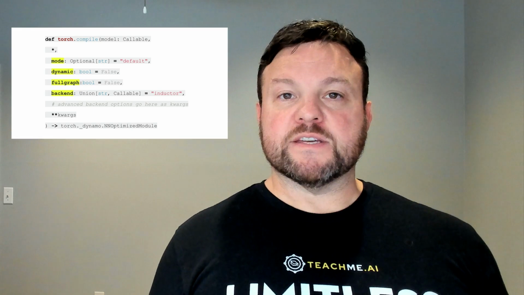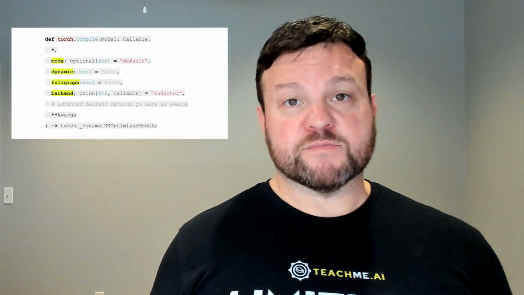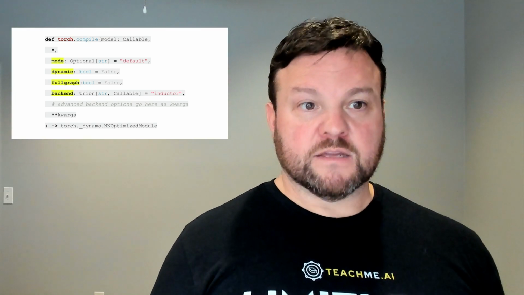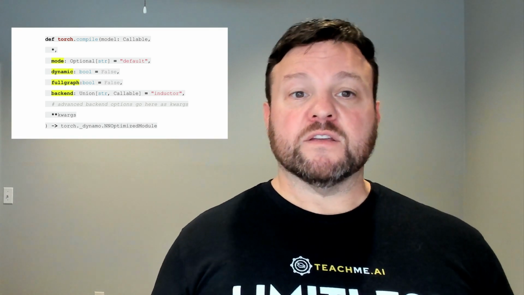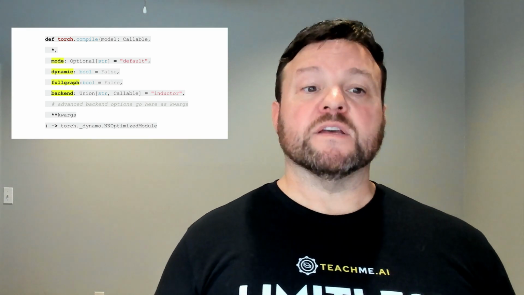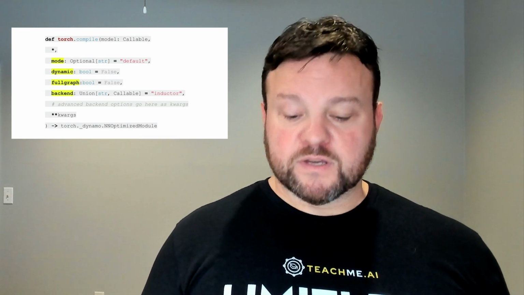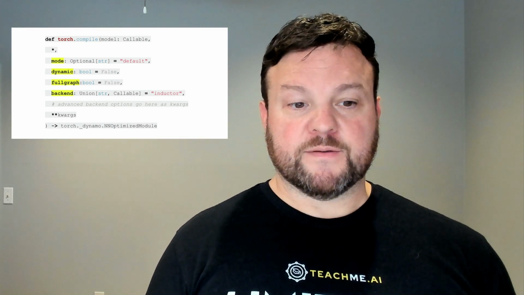That's not such a big deal to compile your neural network, and you might get increased performance based on that. So those are the parameters for the compile function, which is just one line of code. You always pass in the model, and if you don't pass any of the parameters, we'll just use the default ones, but you might want to change the mode, keep the other ones the same, and I think you'll be in good shape to begin with.